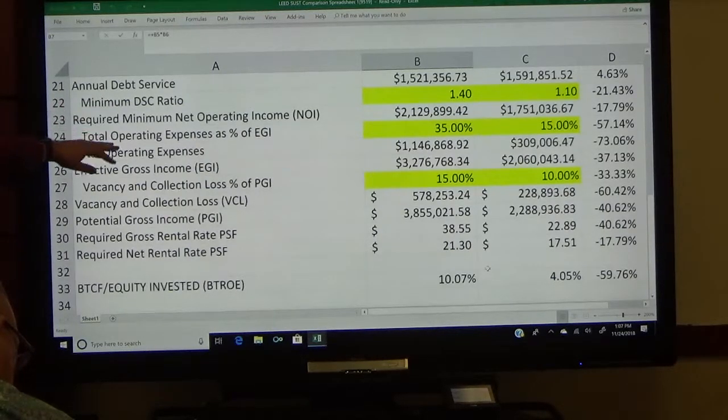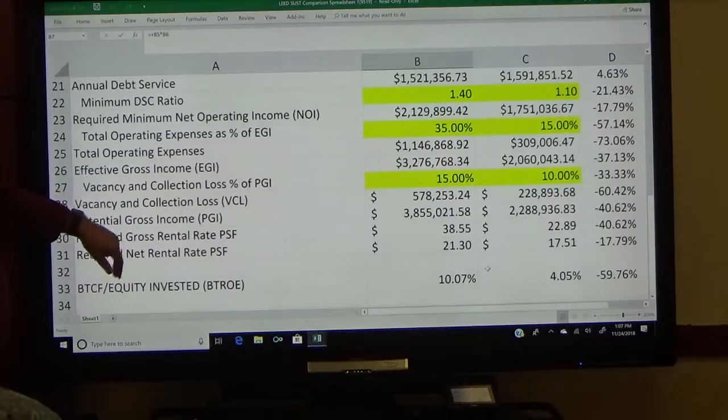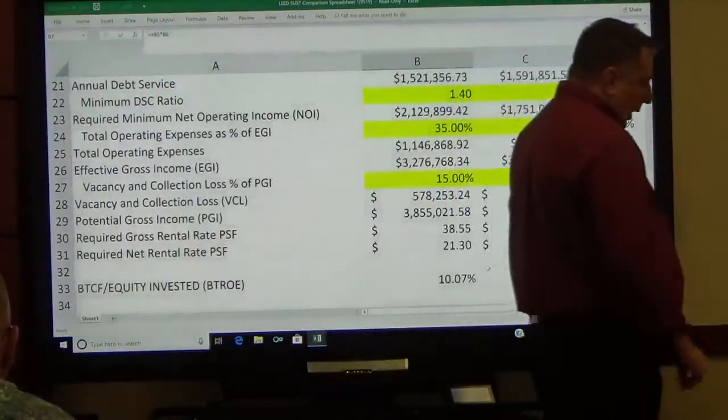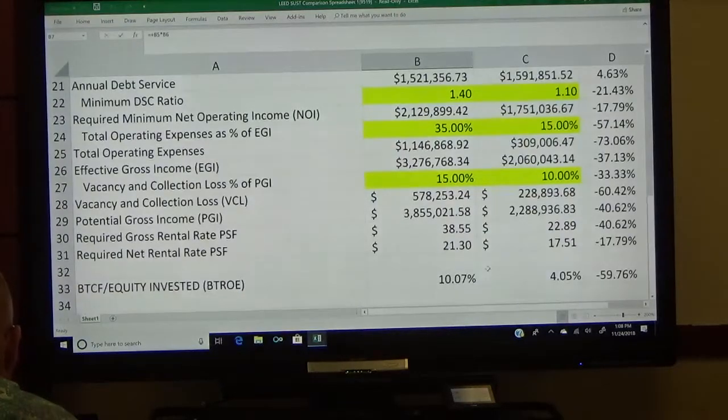Okay, sort of moving down the page a little bit, let me come down to vacancy collection loss. There have been several studies that have shown that energy efficient green buildings have a higher occupancy than those that aren't.